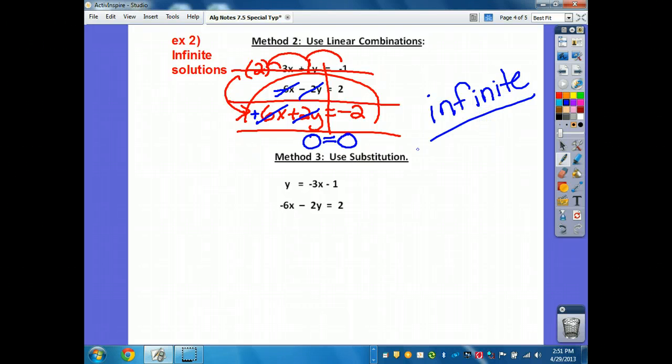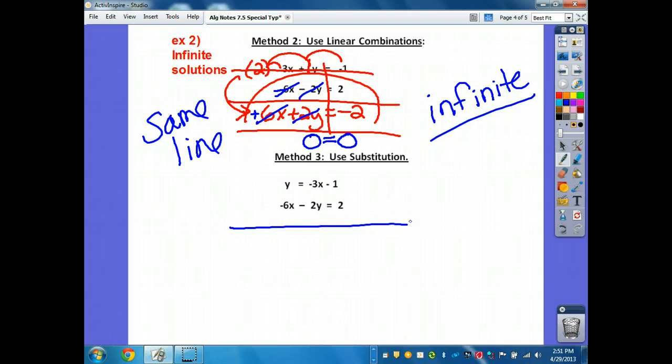That's infinity and beyond. Because these are what? They're the same line. Are they really? What would happen? Let's see down here if we were to use the substitution method. What am I going to put in for y? What am I going to put in here for y, class?